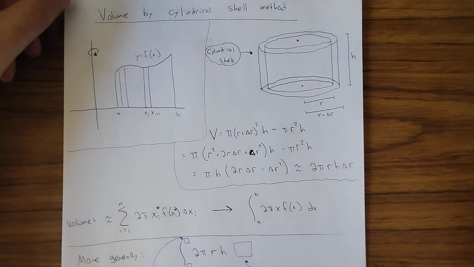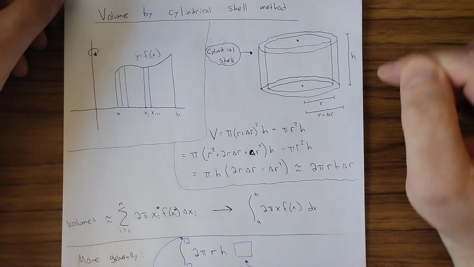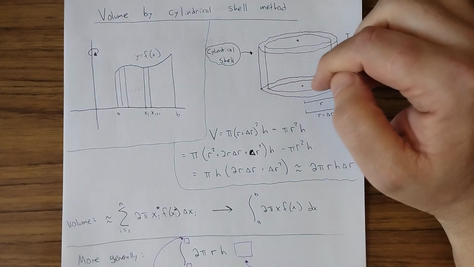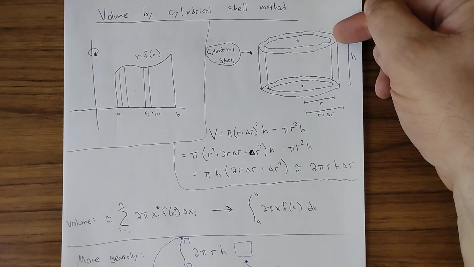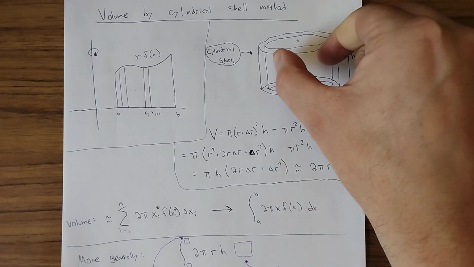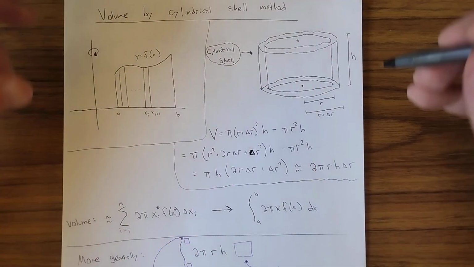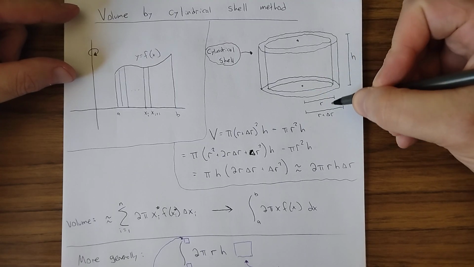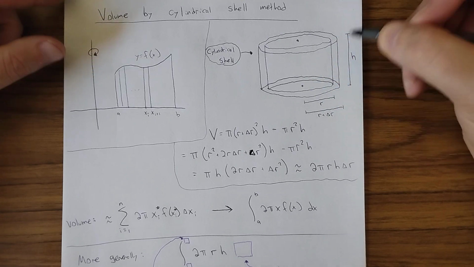Okay, here we go. We need to know the volume of a cylindrical shell. The volume of a cylinder in general is pi r squared h. But what I need to do is take the volume of the big cylinder and subtract the volume of the hole, which is also a cylinder. So let's say that the big cylinder has a radius of r plus delta r, and the little cylinder just has a radius of r.